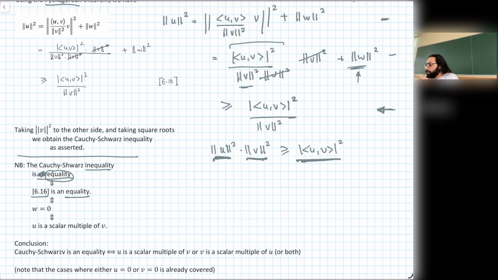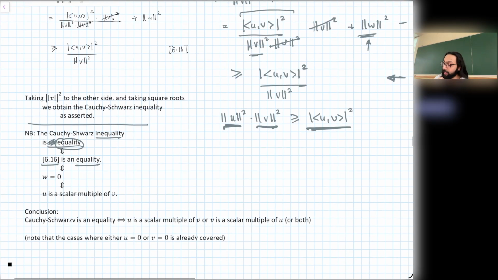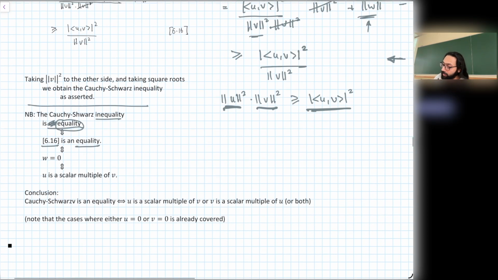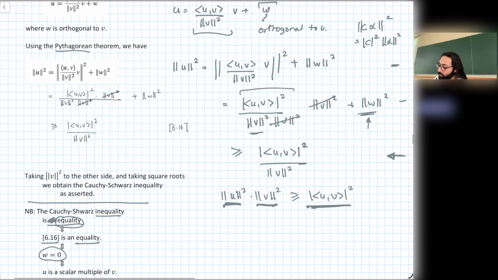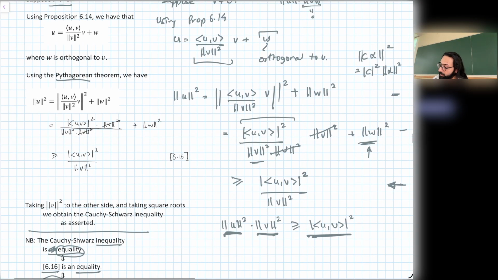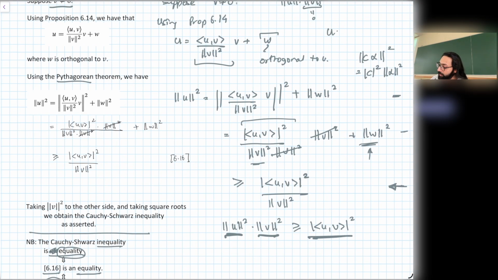Is it making sense? Okay. If something is not clear, tell me. So this is equivalent to saying that the vector itself is 0, correct? Okay. And if the vector itself is 0, what do we conclude? We had written u as some scalar c times v plus w, right?